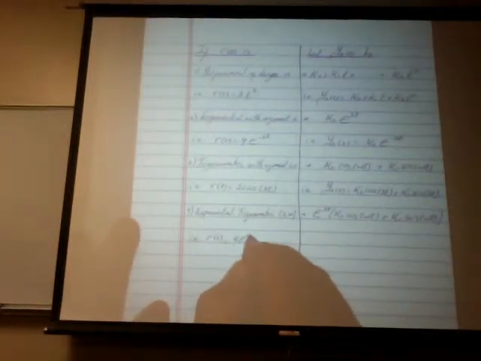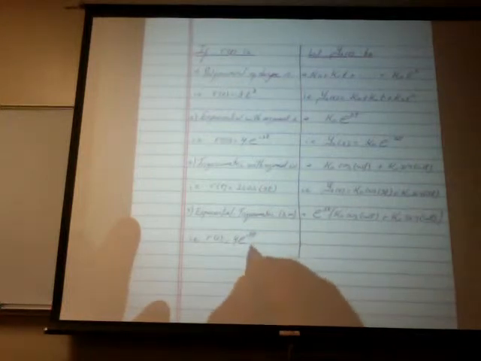For example, let's say that r of t is given as 4e to the minus 3t times the sine of 2t. Let's say that that's the forcing function on the right hand side.